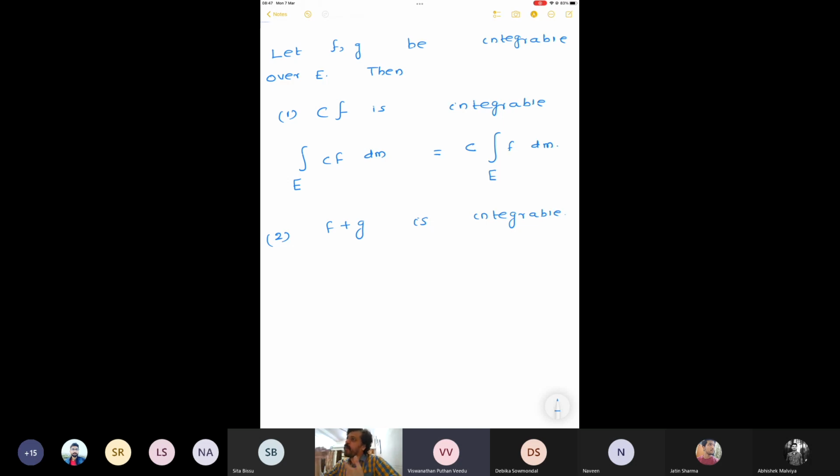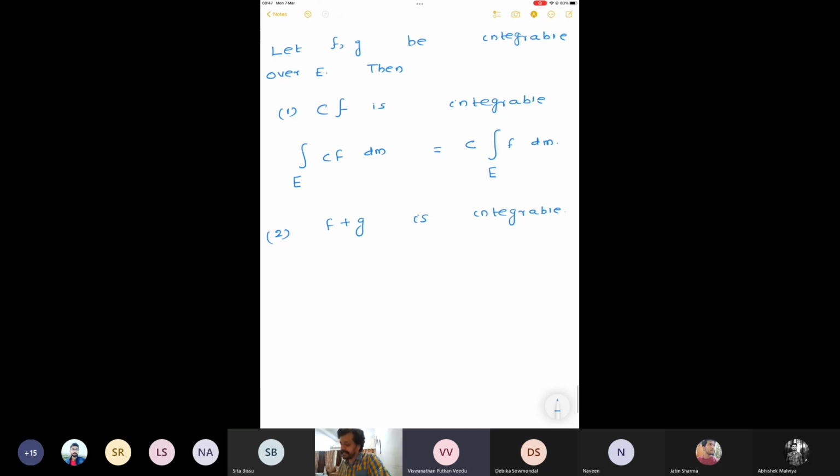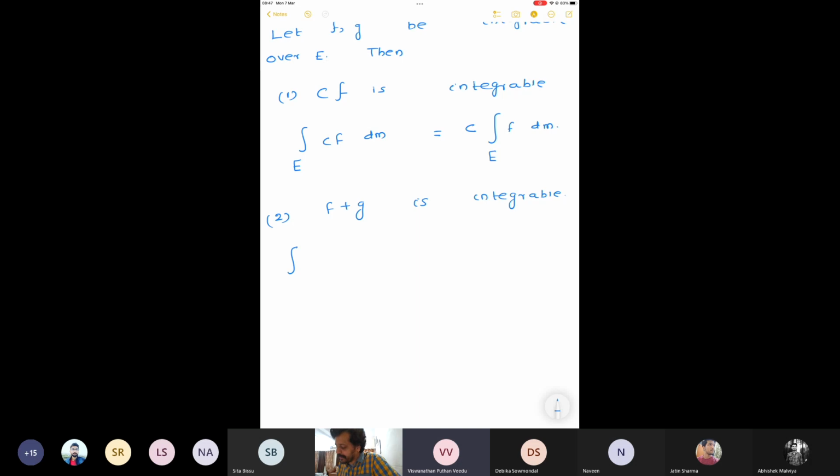Or you can say mod of f plus g is integrable. So f plus g is integrable, and once it is integrable, now you can talk about its integral. The integral of f plus g dm is equal to the integral over E of f dm plus the integral over E of g dm. So linearity is there also for this stage.